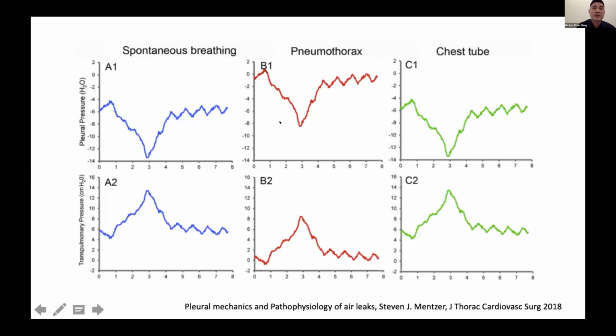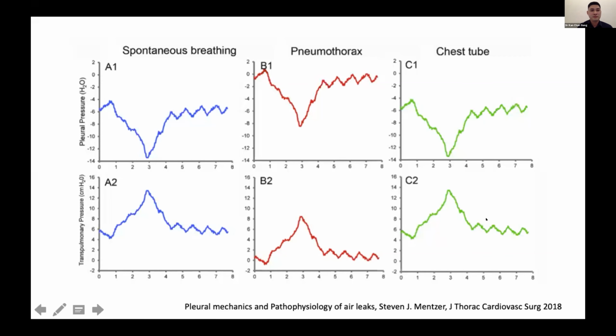Now with the presence of air in the undrained pneumothorax, your pleural pressure is increased. And if a chest tube is inserted, your pleural pressure returns to normal. Okay, now because of the relatively fixed airway pressure, the transpulmonary pressure is a complete mirror image of the pleural pressure.